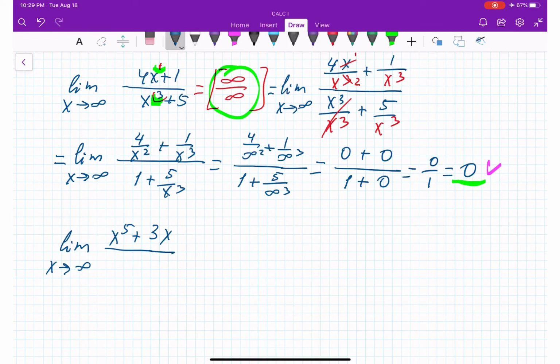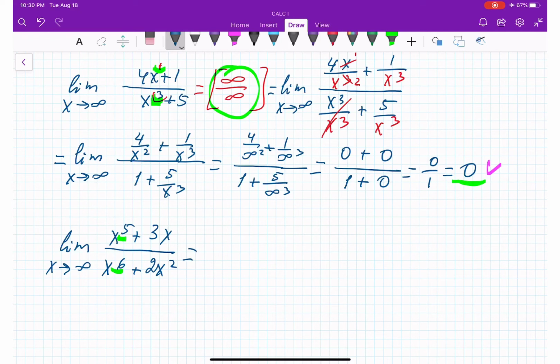Since I have x to the 5, as long as I take any x with a degree higher than 5, let me take x to the 6 plus 2x squared. The highest degree is 6. So yet again, when the highest degree in the denominator is greater than the highest degree in the numerator, we are going to get 0. Well, let's check it real quick.